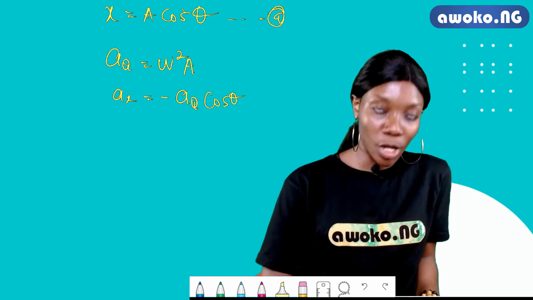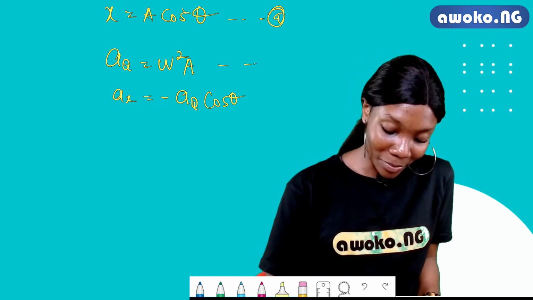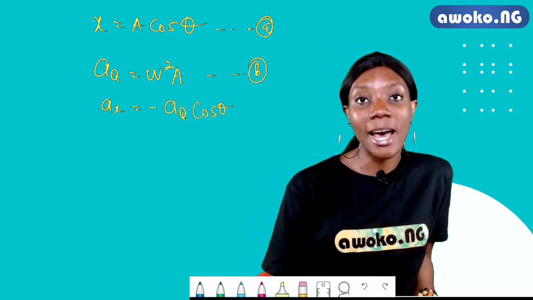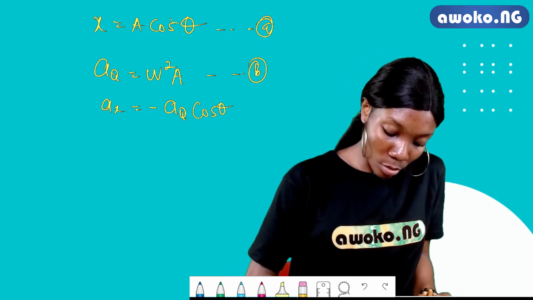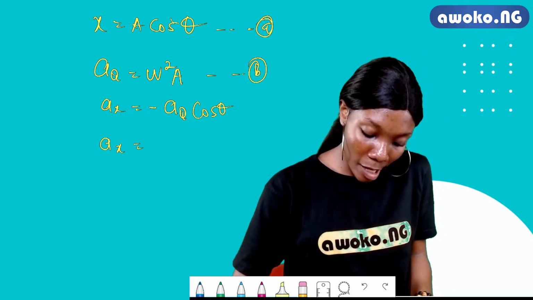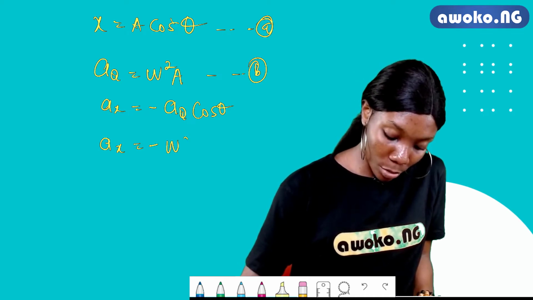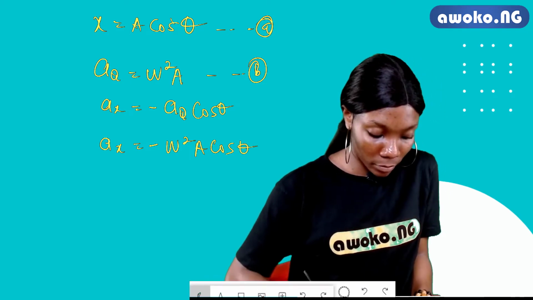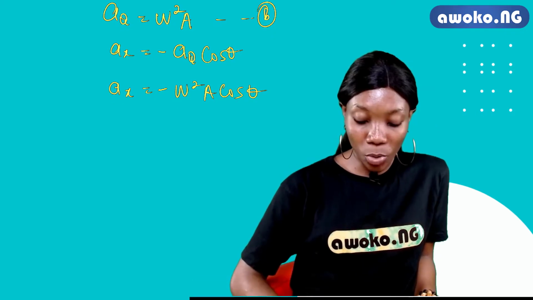We will combine this with equation A. Let's call this B. So if we combine equation A and B, we get that the acceleration of point P is AX equal, where you see AQ, you put W square A. We have minus W square A cos theta.